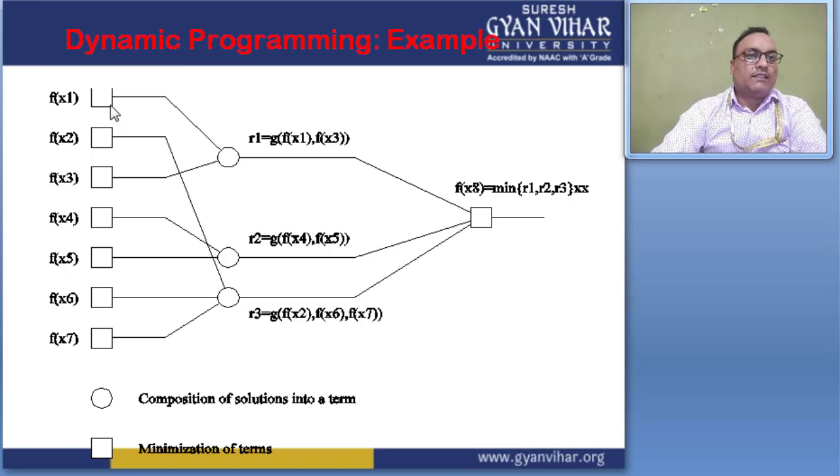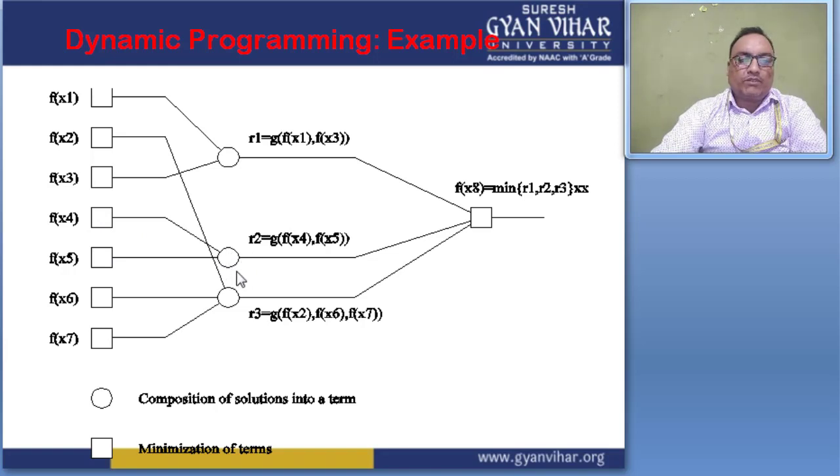So here in this case, if function fx1 and fx2, which means there the R1, and in this case fx2, fx6 and fx7, this is an R3 function, R3 of fx2, fx6 and fx7, and for this case R2, here x4 and x5 meet at one point.